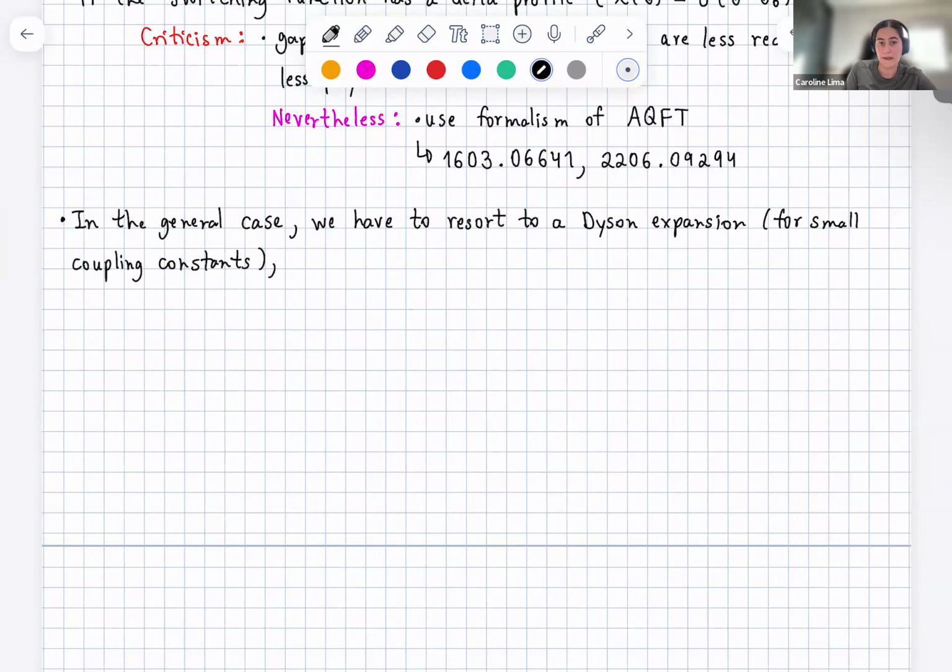And one property of the Dyson expansion is that the probabilities are conserved at every order in this perturbation theory. So, in which the probabilities are conserved in every order.